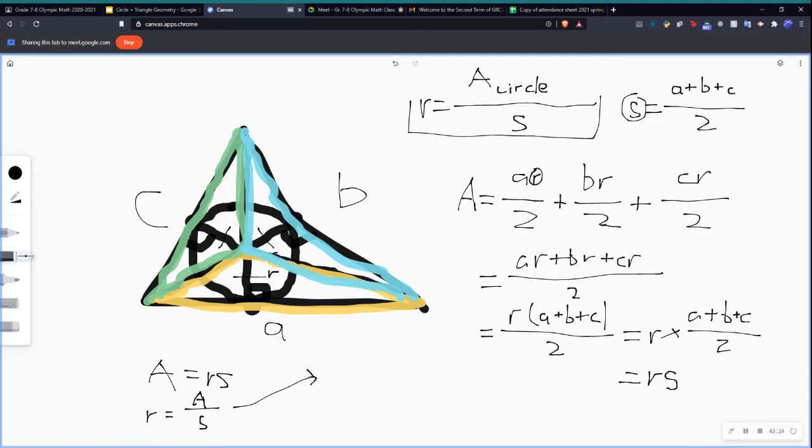And we'll do it right here. We'll substitute in Heron's formula for A. So this would just be the square root of S times S minus A times S minus B times S minus C.